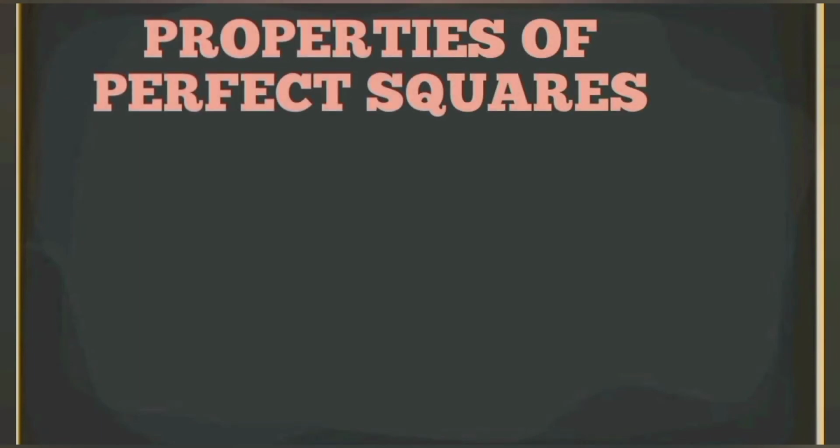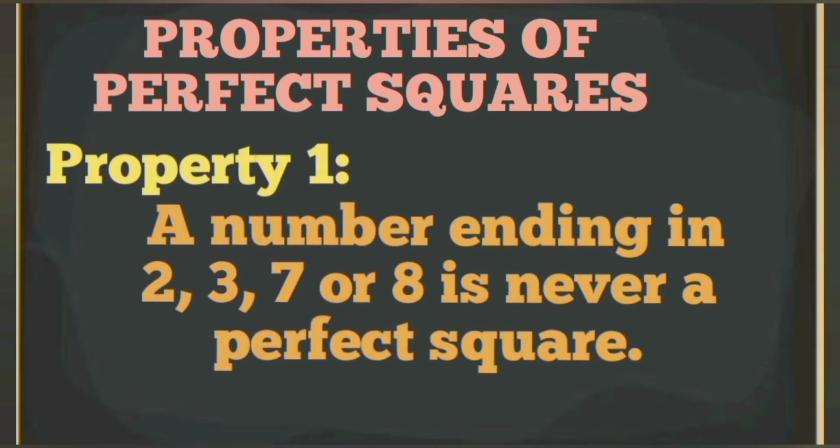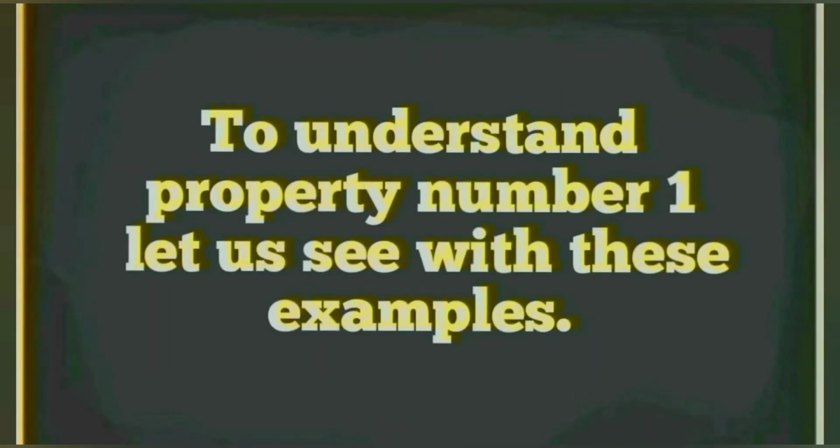Now let us study the properties of perfect squares. Property number 1. A number ending in 2, 3, 7 or 8 is never a perfect square. To understand property number 1, let us see these examples.